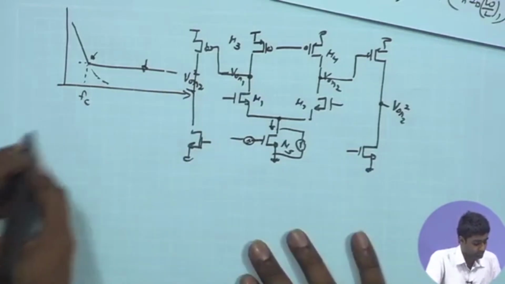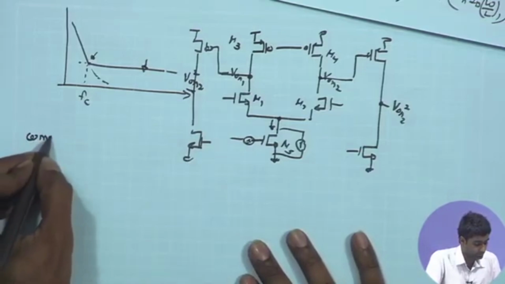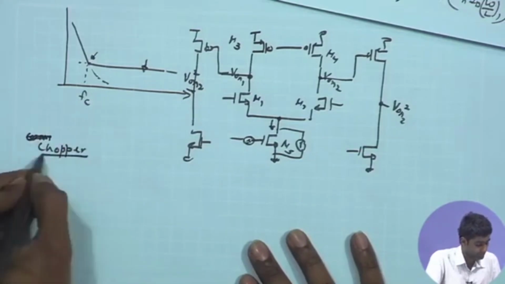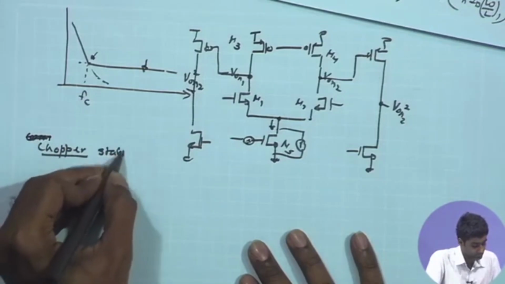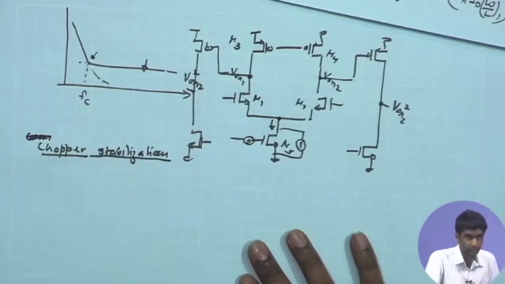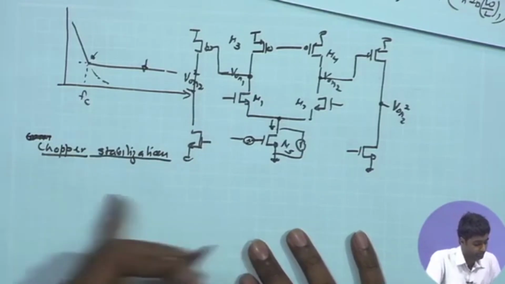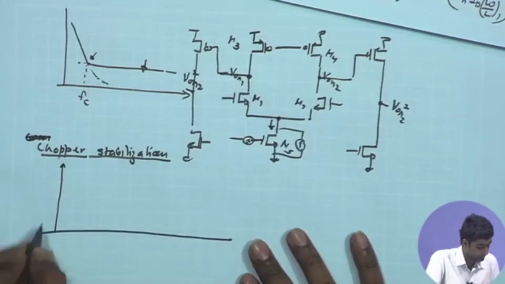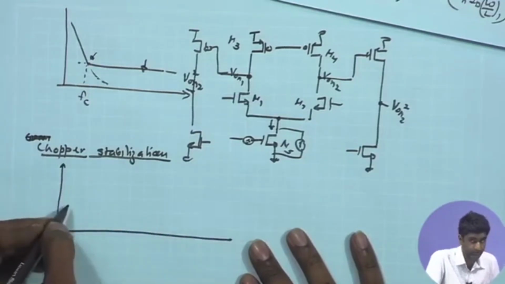So, the technique that is commonly used for mitigating the effect of this 1/f noise is chopper stabilization, where we have an input signal which may be lying at very low frequencies.